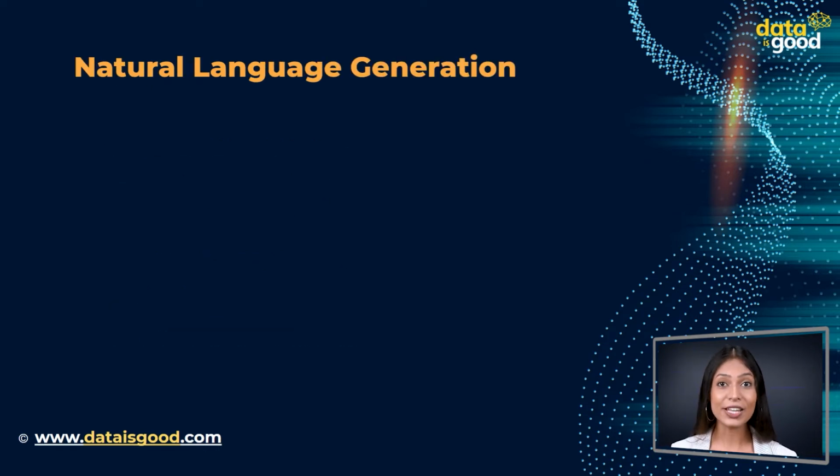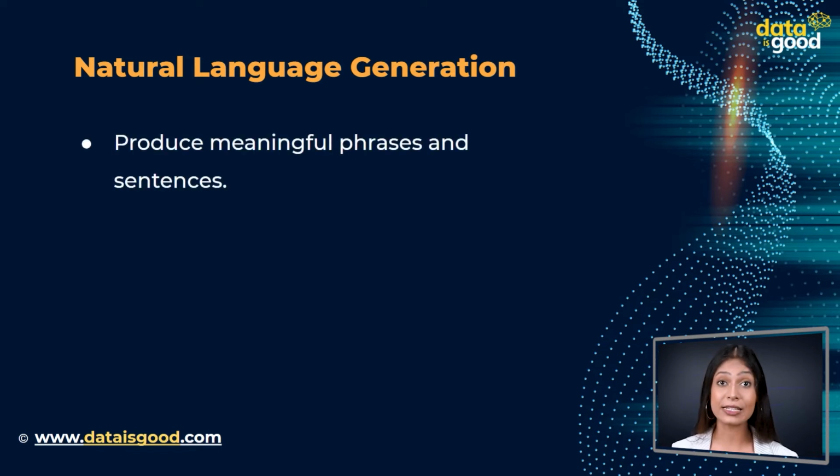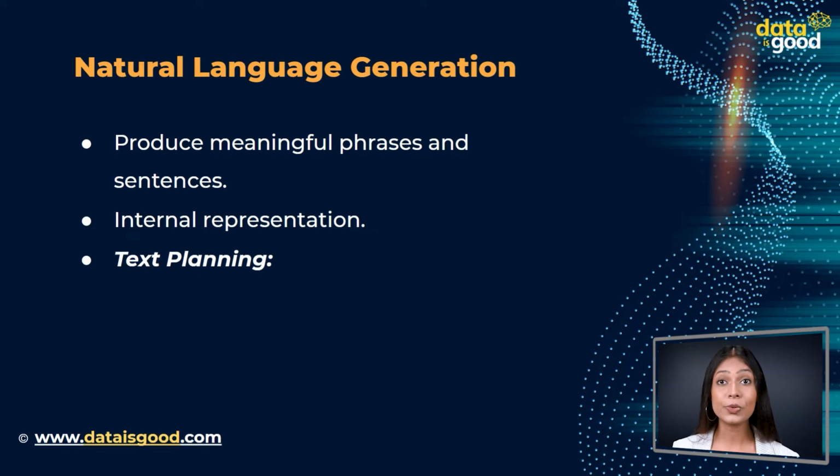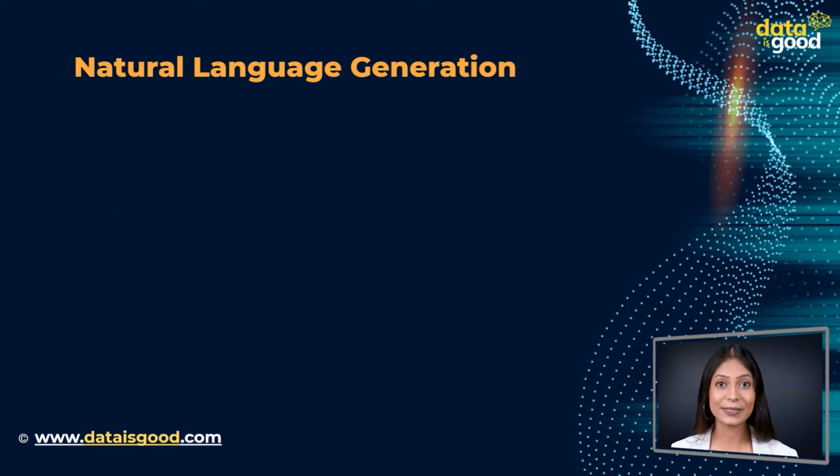So let us move ahead to natural language generation. Now we have to produce meaningful phrases and sentences, that is, in the form of natural language from the internal representation. This process involves text planning, sentence planning, and text realization. Text planning includes retrieving the relevant content from the knowledge base.